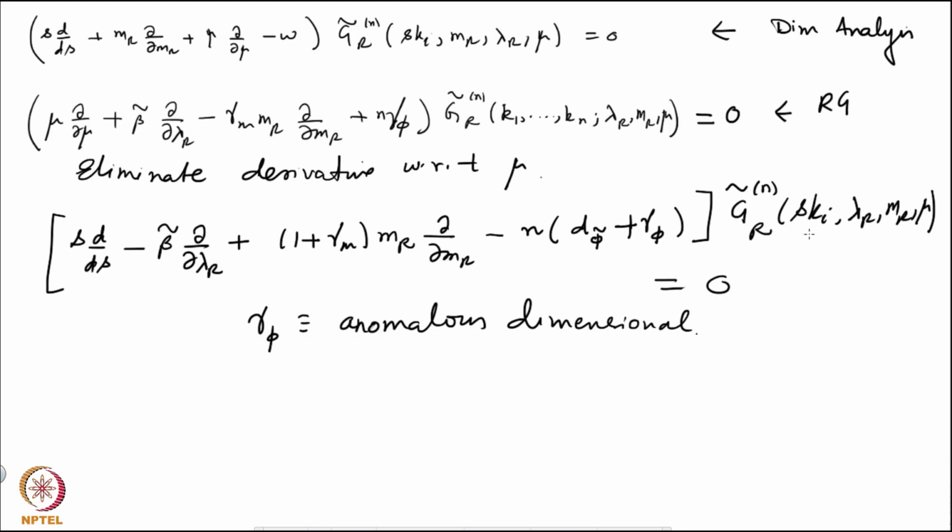Okay, so you will use a boundary condition, let's say you choose boundary condition to be s equal to 1. So you will be able to relate Green's function with scaled up momenta to a Green's function without scaling of the momenta. Okay, and that is what we will do next. So we'll see in the next video.